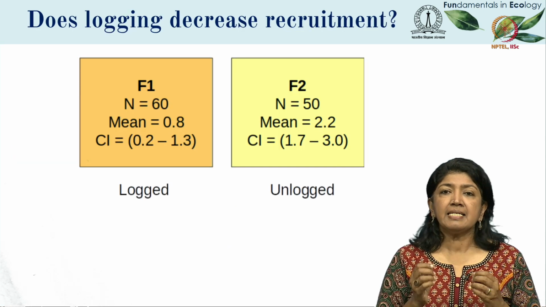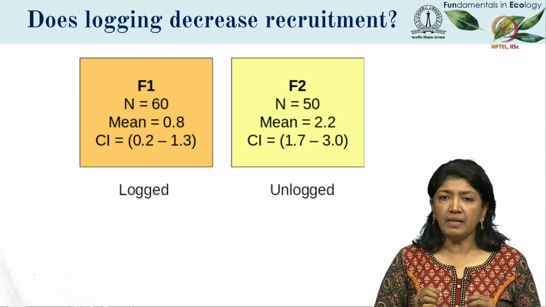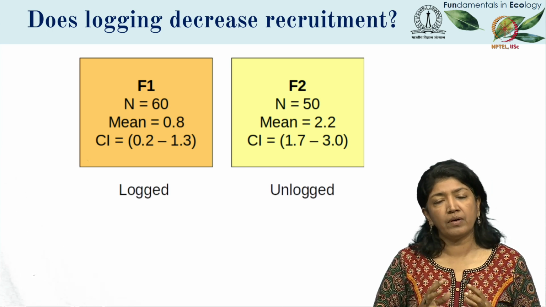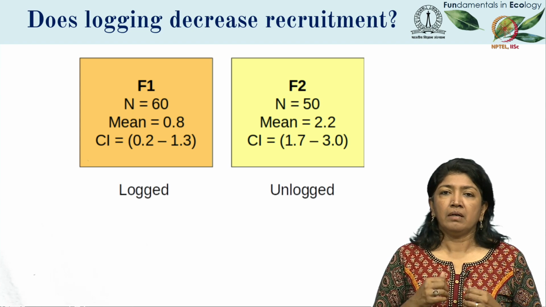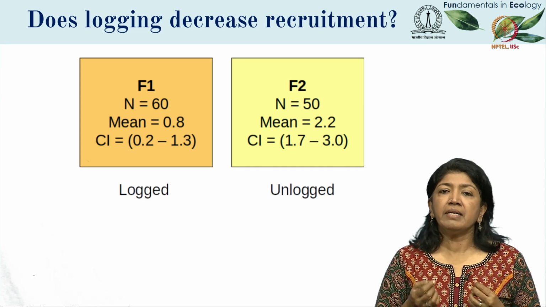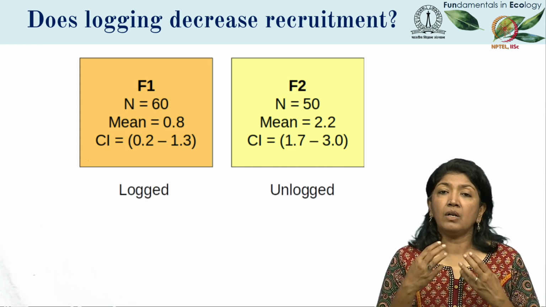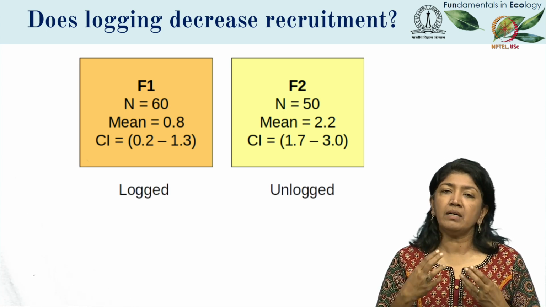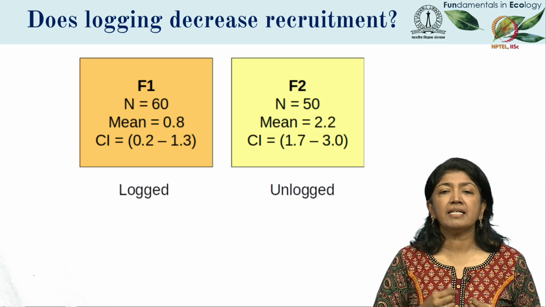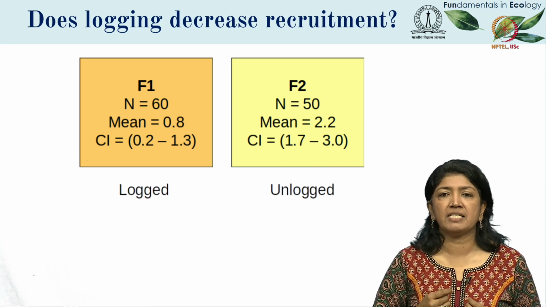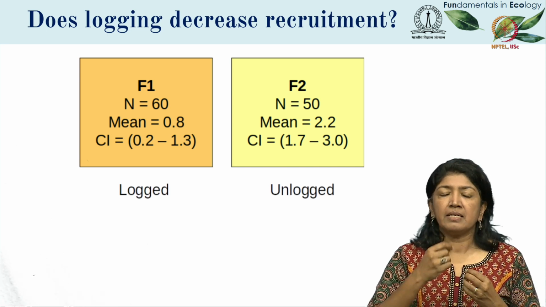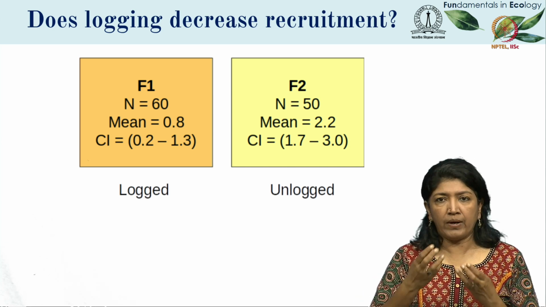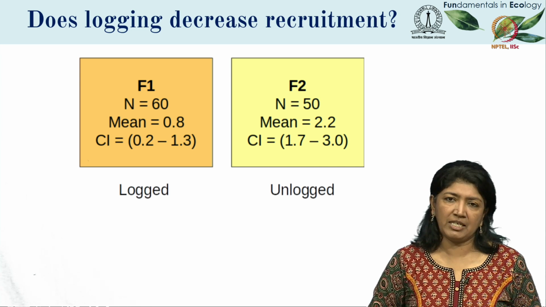Okay, let's consider a last example for this point about independence of replicates. Let's imagine that I am interested in the question of whether logging, that is the felling of trees, in a forest affects recruitment in a bird species, that is, affects chicks successfully fledging to join, say, the juvenile or adult population.